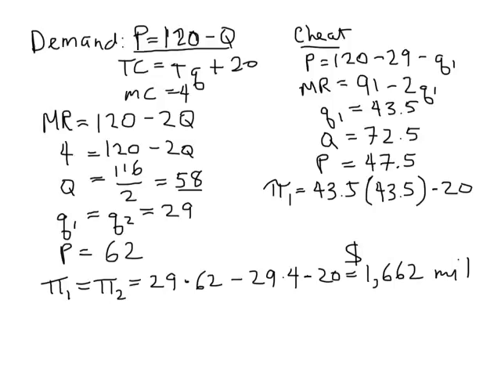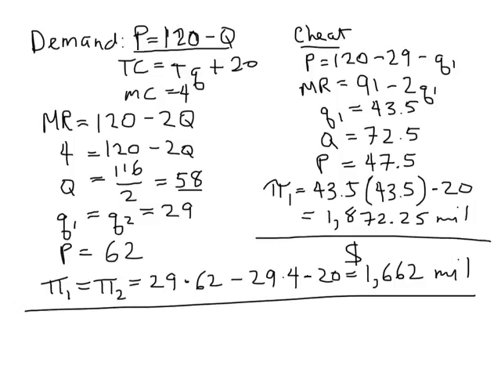I subtracted the $4 average variable cost from 47.5 to get 43.5. And that turns out to be what the cheater makes: 1,872.25 million.